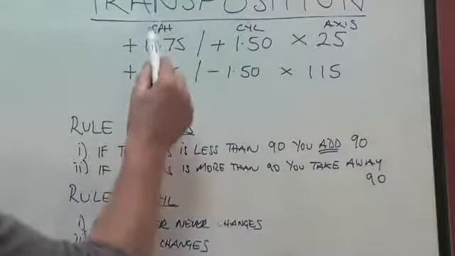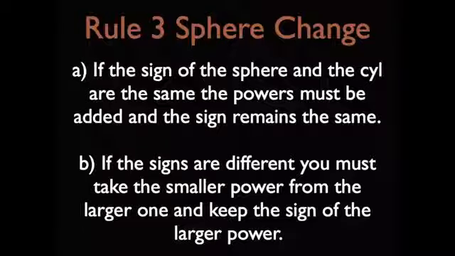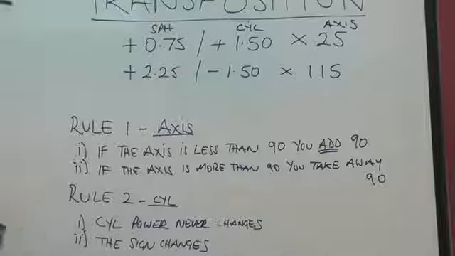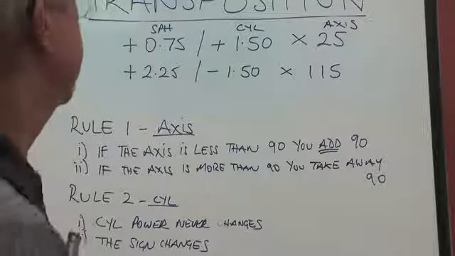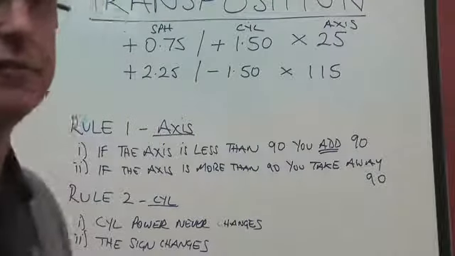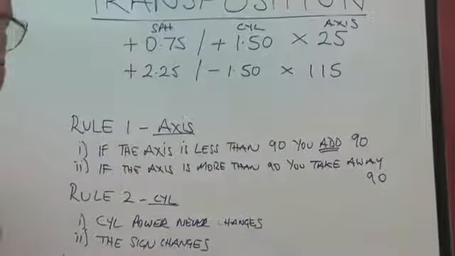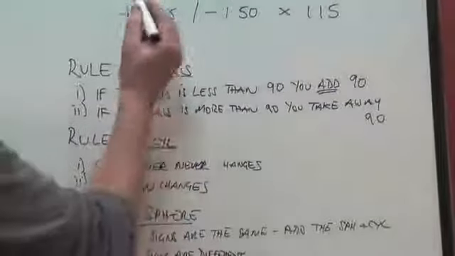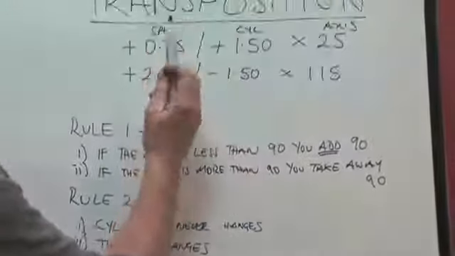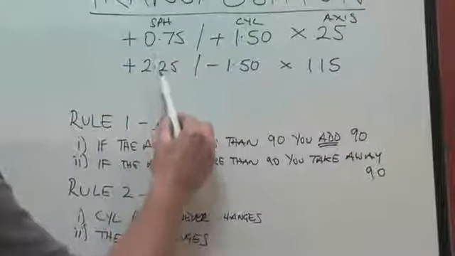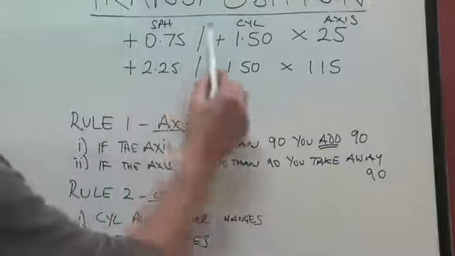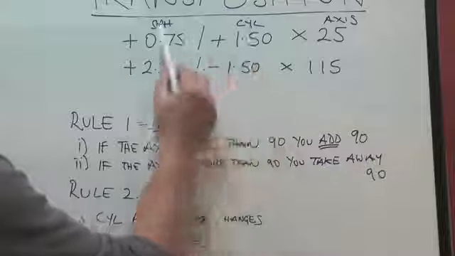So now we go on to the sphere. The sphere is a little bit more complicated, but it's still quite straightforward, you just have to think a little bit more. If the signs are the same, in order to get the new sphere power when you transpose it, you add the two numbers together.